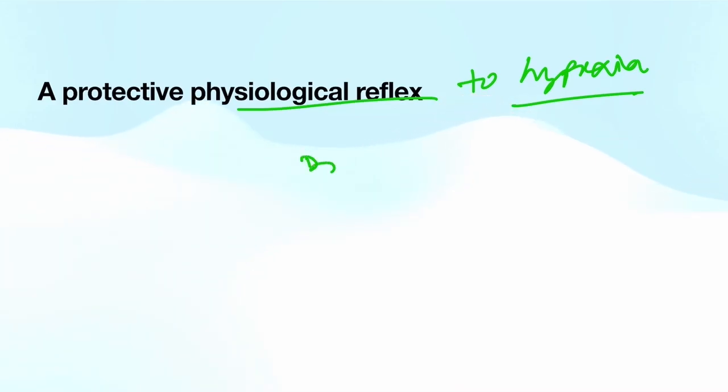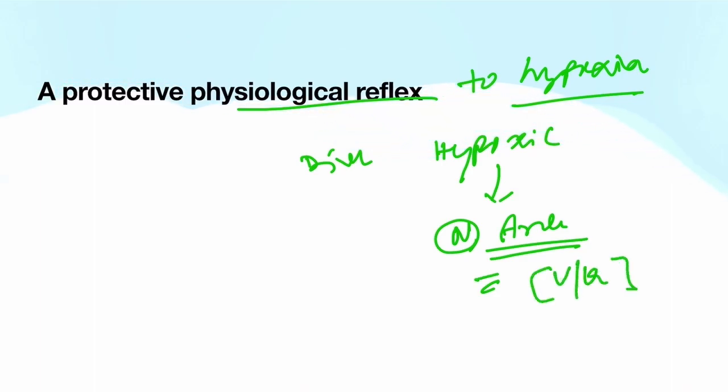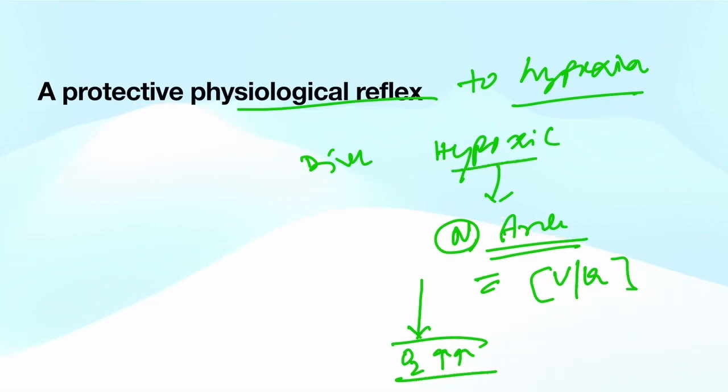It just diverts blood from hypoxic region to normal lungs area, or areas with a better ventilation perfusion matching, so that overall oxygenation can be improved, right? So it's a physiological reflex to hypoxia which diverts blood from the hypoxic region towards the normal lungs area or areas with a better ventilation perfusion matching.